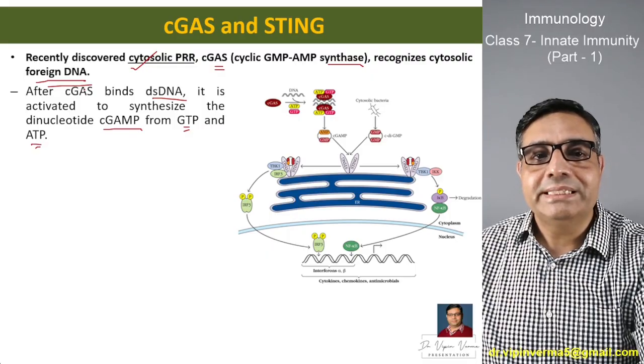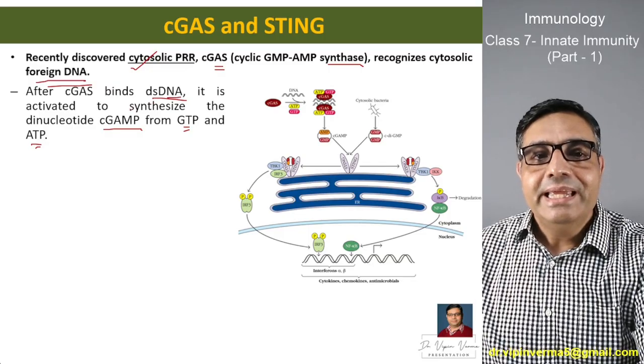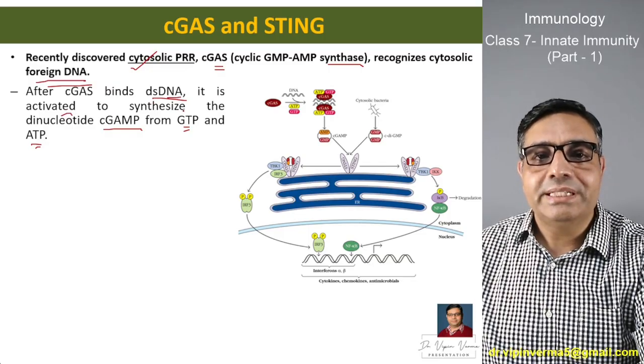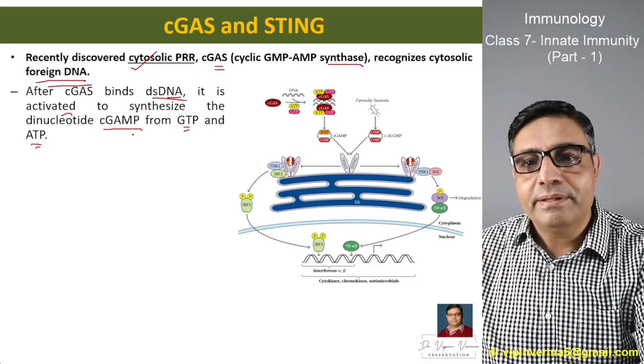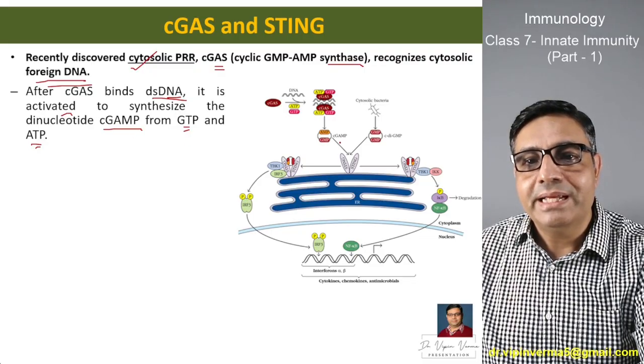Okay, so once cGAS binds double stranded DNA, it is activated to synthesize the dinucleotide cGAMP from GTP and ATP. So here you can see cGAMP from GTP and ATP. Here it is GTP, here it is ATP. It's binding with the DNA.